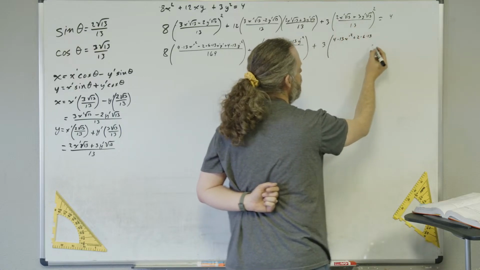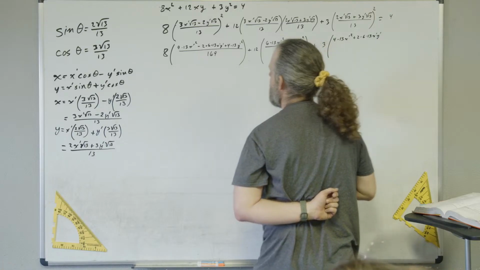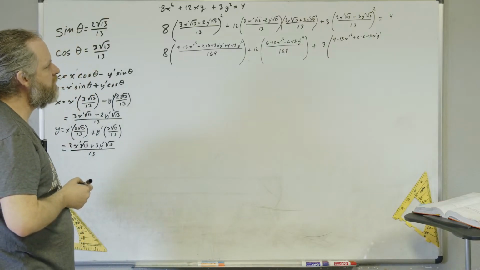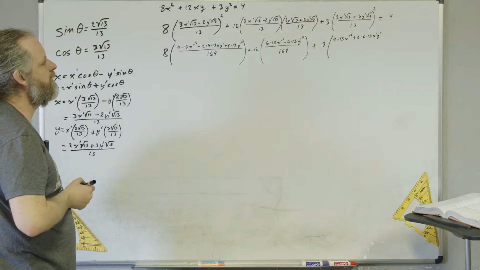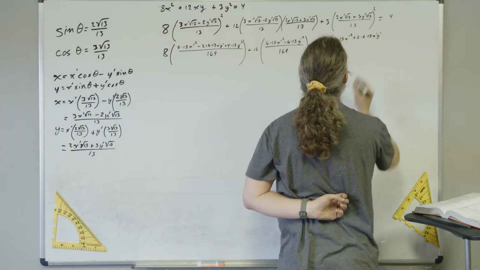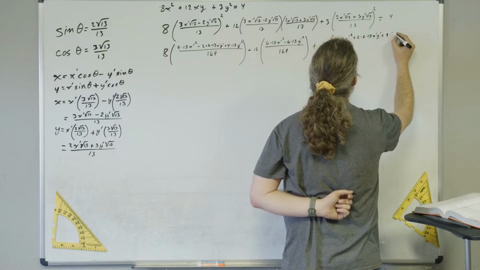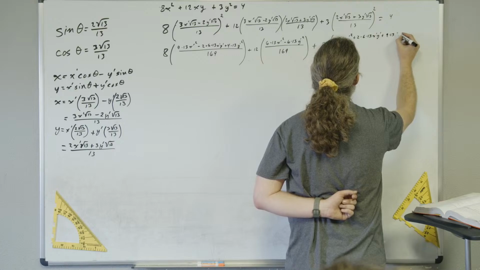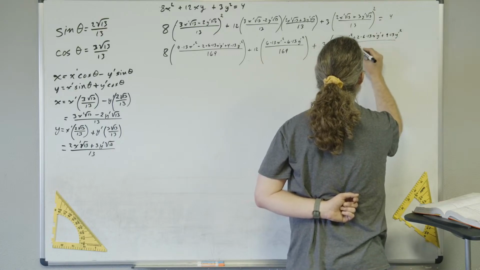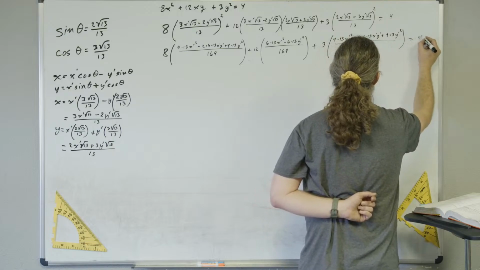X prime times Y prime is X prime Y prime. Those are still there, and maybe they will go away later. All right, plus this squared, so plus 9 times 13 times Y prime squared over 169 equals 4.